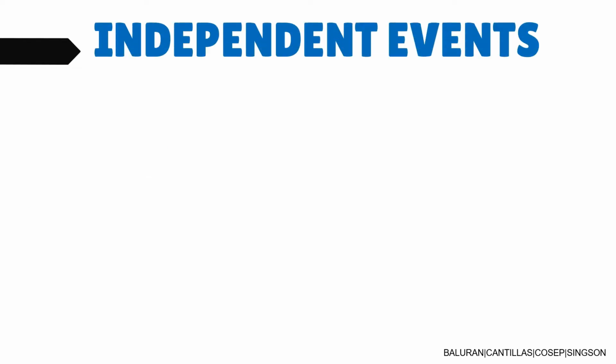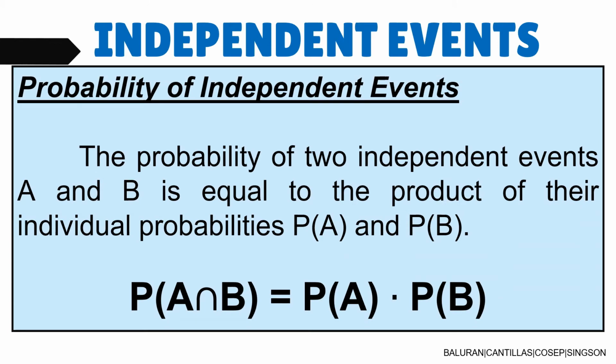And how do we find the probability of independent events? The probability of two independent events, A and B, is equal to the product of their individual probabilities, denoted as P of A and P of B. And this is now the formula in finding the probability of independent events.